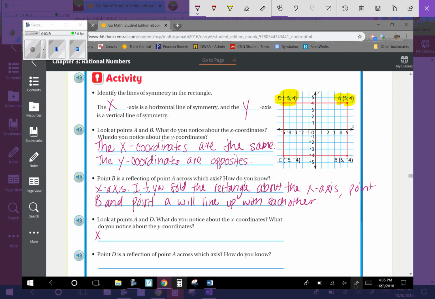So the x-coordinates this time are opposites. They're the same absolute value, but different signs, so they're opposites. And the y-coordinates are 4 and 4. So they're the same.